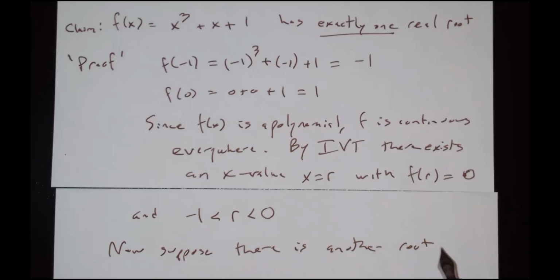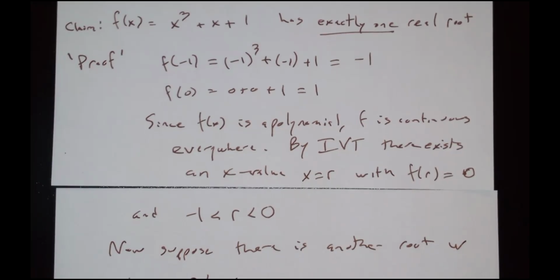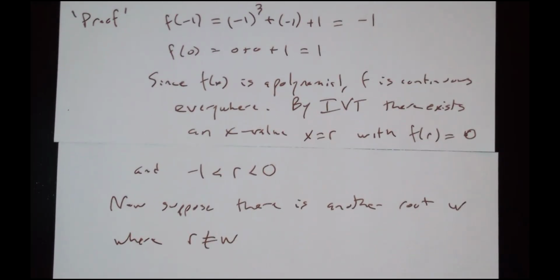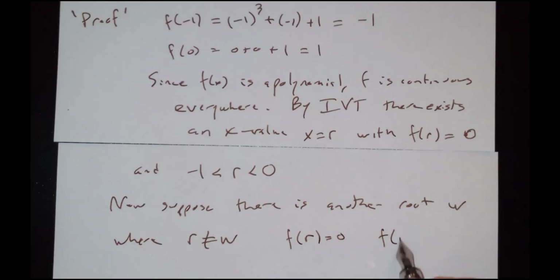W. I'm going to pick a number W, and that W is not the same as R. Please notice that means that f of R and f of W are equal to each other. Their outputs are the same, but the inputs aren't. Great.